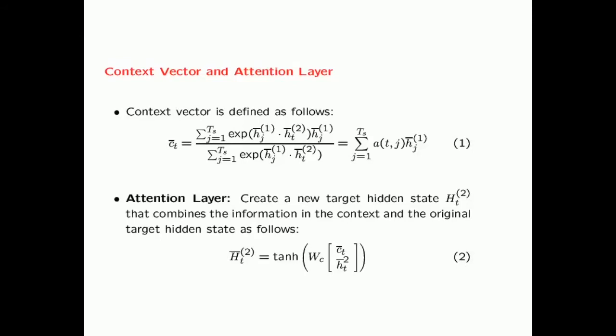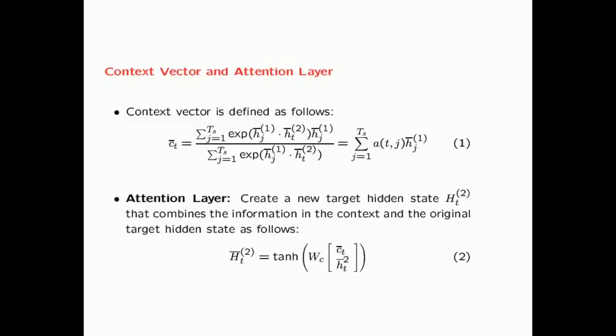Now, once you have this context, you create a new target hidden state, HT2, which is enhanced with this information from the context. So now you have this new HT2, which is tanh(WC [CT; HT2]). It is both using the hidden state HT2, which you would always use, and it's using the context.